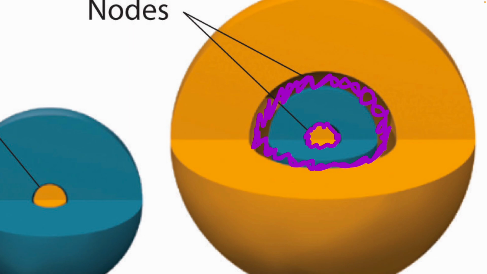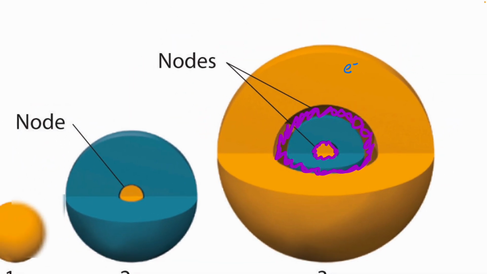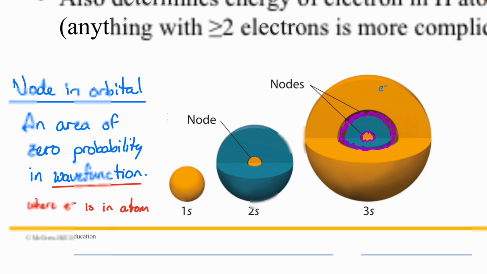Okay. So this is another one of these bizarre features of quantum mechanics. This is saying that our electron is going to be zipping around in this space here, and this space here, but it's never going to be in that node space in the middle. Okay? So this is another one of these fantastical world of quantum mechanics kind of example.